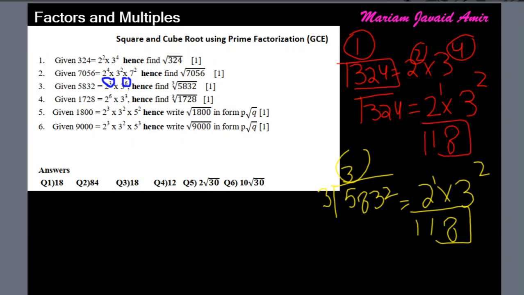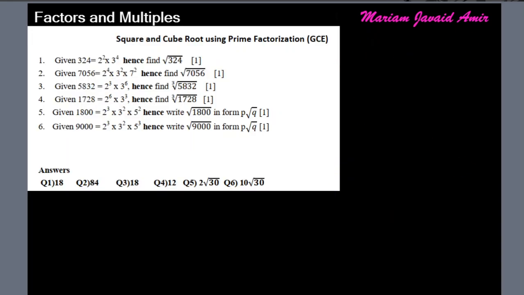Okay, so for question 5, we're given 1800 in the form of prime factors, and we are supposed to write under root 1800 in this form, p under root q.